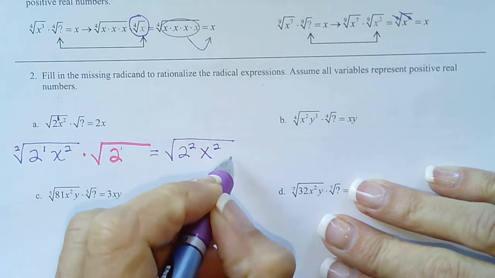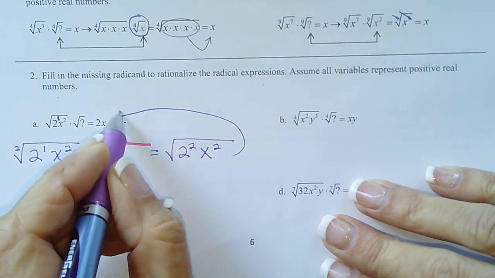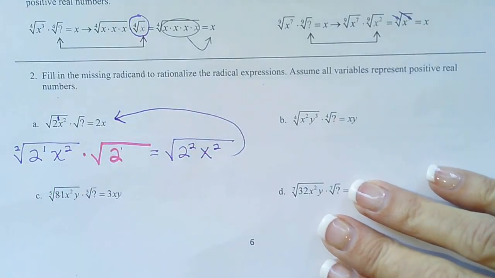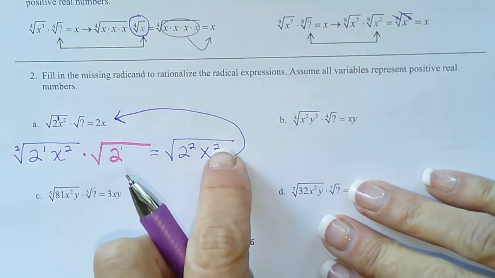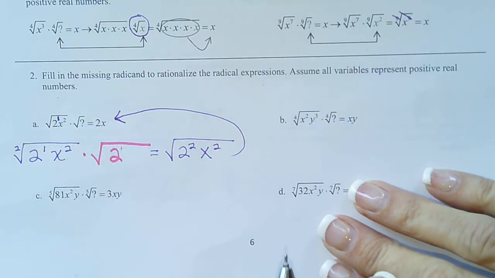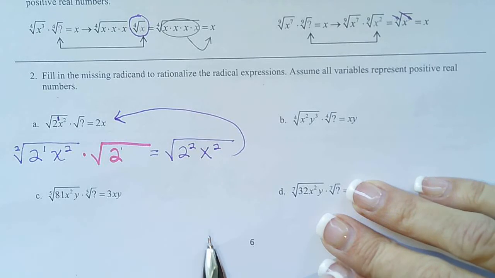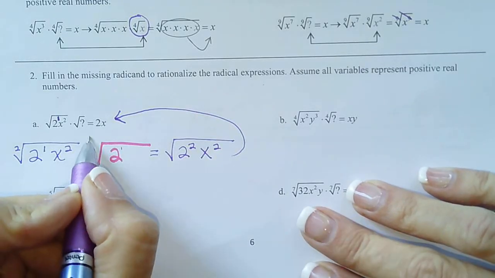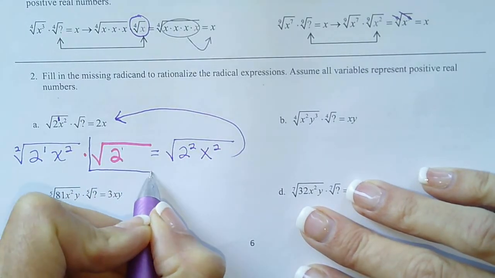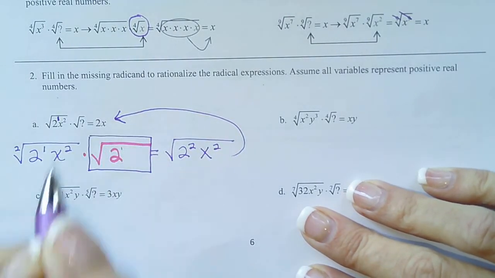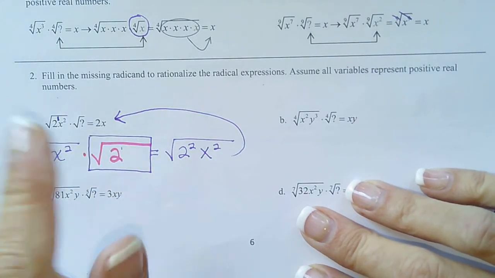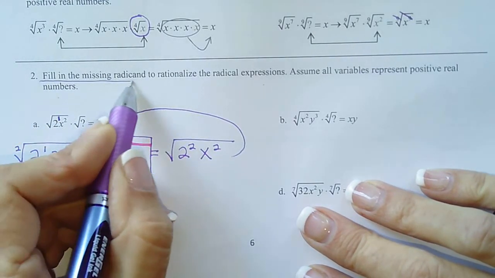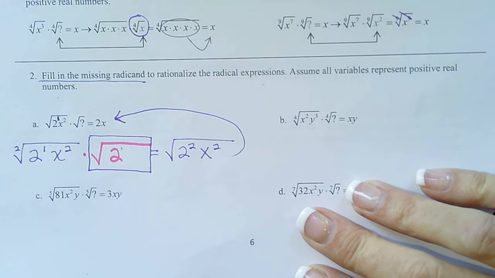And doesn't that come out as 2x? 2 divided by 2, 2 to the first. 2 divided by 2, x to the first. So I think this is what Alex wants you to type into the computer, what's missing to make it perfect. Because they give you the answer, so they just want to know the missing radicand. So that would be this.